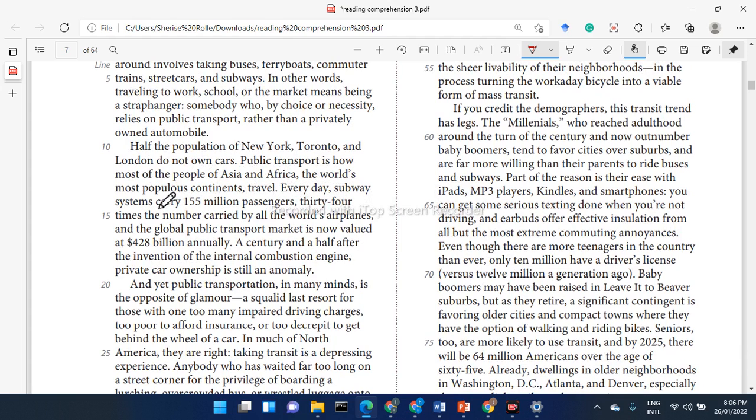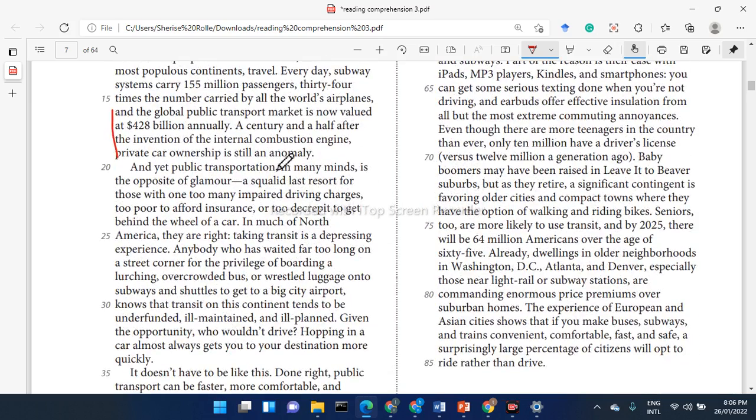Every day, subway systems carry 155 million passengers, 34 times the number carried by all the world's airplanes, and the global public transport market is now valued at 428 billion annually. A century and a half after the invention of the internal combustion engine, private car ownership is still an anomaly.